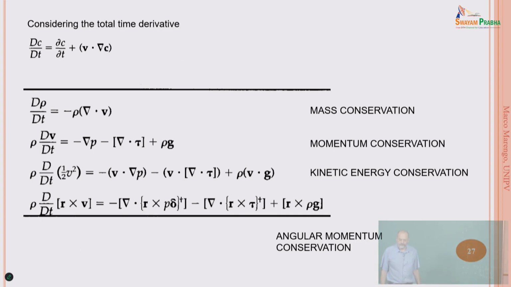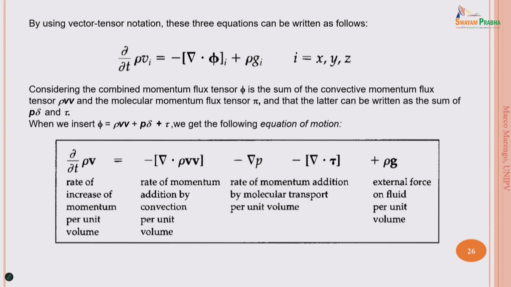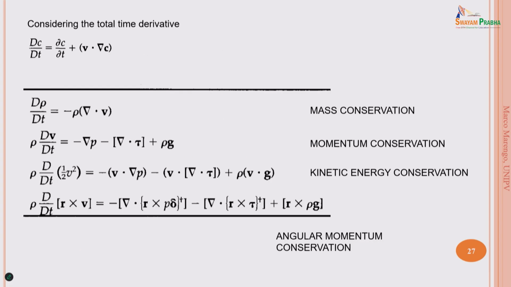So, at the end, we can continue and we can write different conservation laws. Also, we can think of the kinetic energy conservation, the angular momentum conservation. These are really the classical conservation laws in physics. It's important to say that instead of writing the partial derivative in time of rho v, for example, for any quantity, we can write a total time derivative.